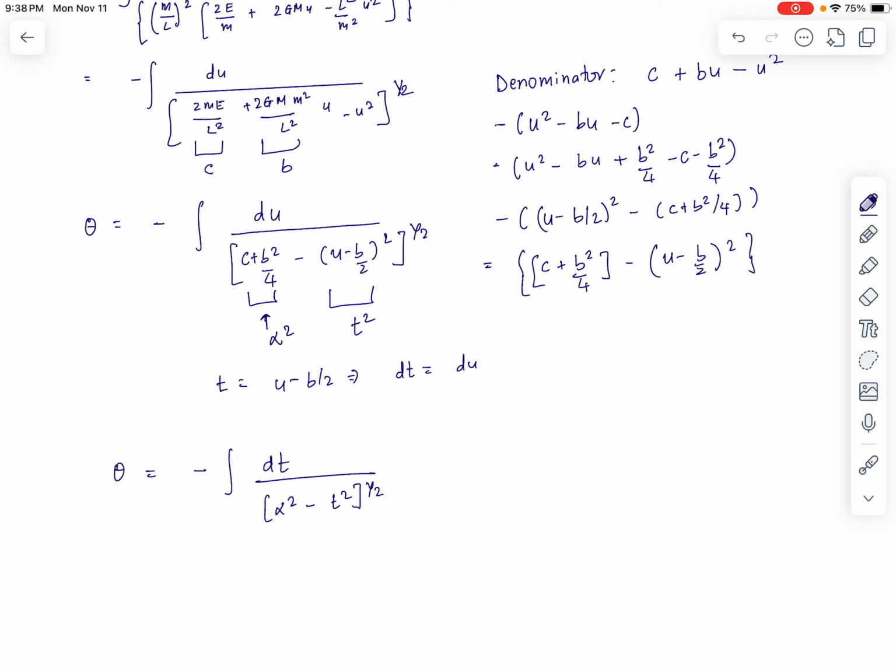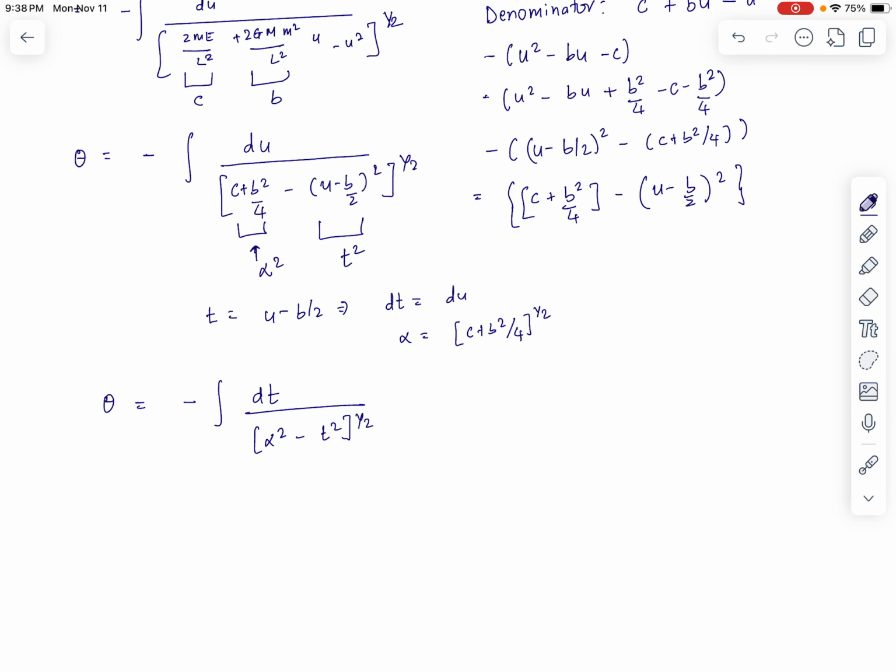And here alpha equals c plus b square divided by 4 with a square root on top. Right? And so we'll make the new transformation as t equals alpha cosine w, dt equals minus alpha sine w dw, and alpha square minus t square equals alpha square 1 minus cos square w equal to alpha sine w.